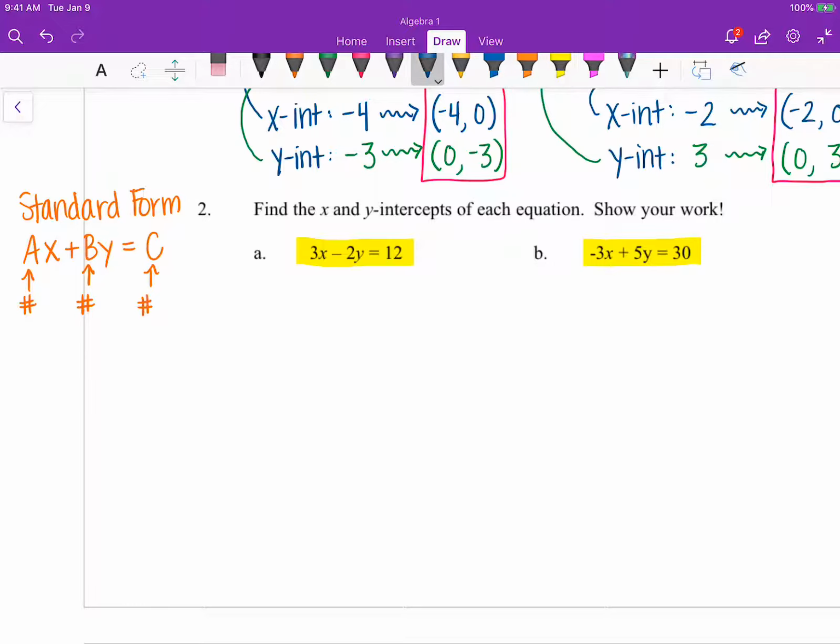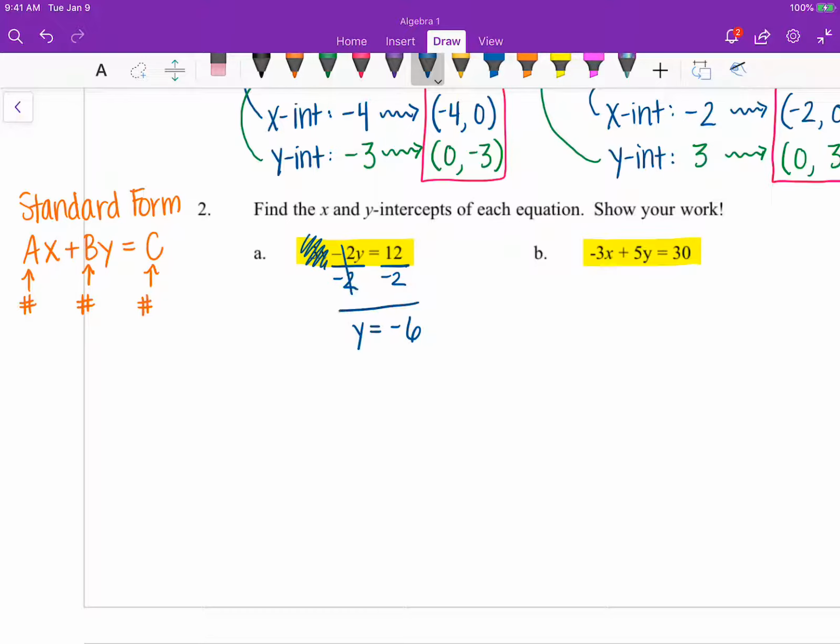I'm just going to cover up that first x piece of the equation, that ax part. And then if I solve the rest of this equation, all I would need to do to figure out what y is is divide both sides by -2, and then I would get y equals 12 divided by -2, which is just -6.